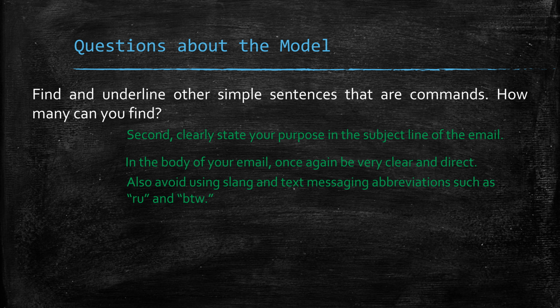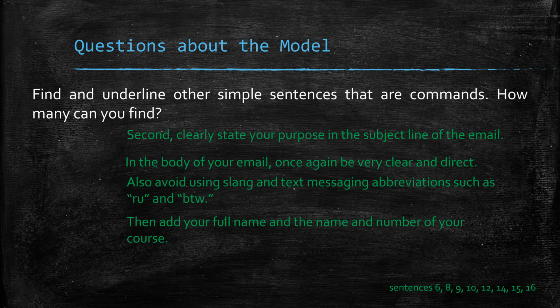Also, avoid using slang and text messaging abbreviations such as RU and BTW. Then add your full name and the name and number of your course. So sentence numbers 6, 8, 9, 10, 12, 14, 15, and 16 were simple sentences.